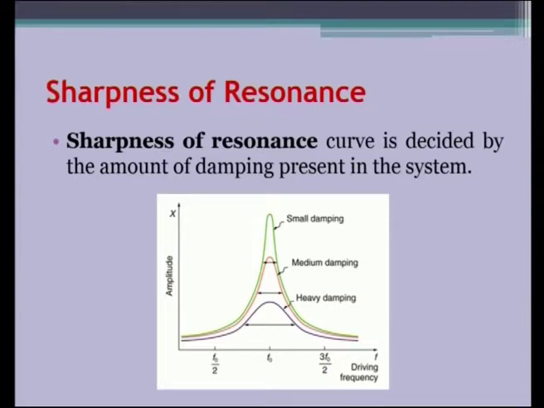So, we have got the basic idea about the relation between the amount of damping and the sharpness of the resonance peak. This has got a greater importance as far as the resonance occurrence is concerned. This has got lots of impact or implications on the way in which the resonance could occur.